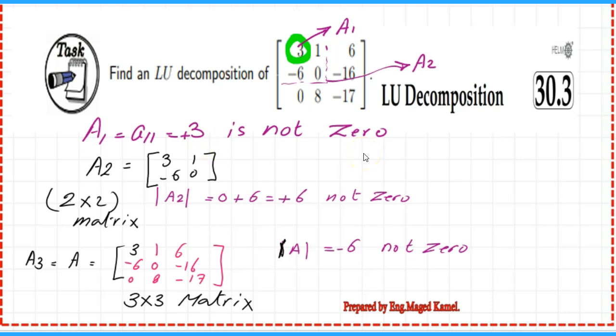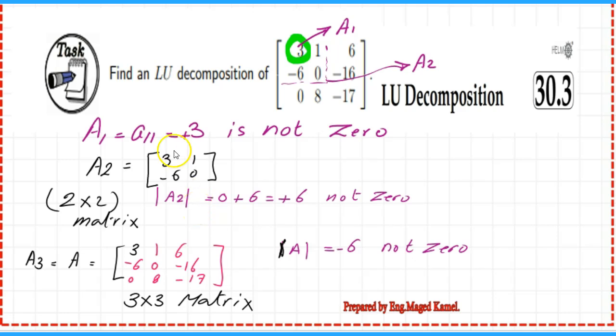The value of A11 is plus 3, which is not 0. Then we create a 2 by 2 submatrix, A2, that contains 3, 1, minus 6, and 0.